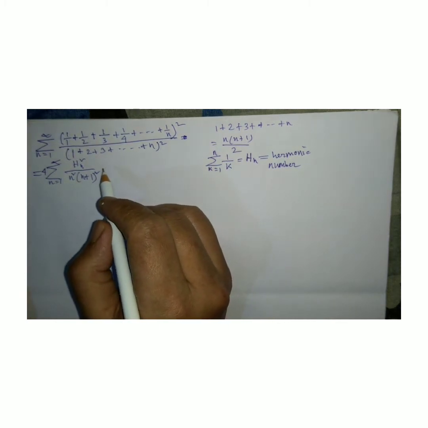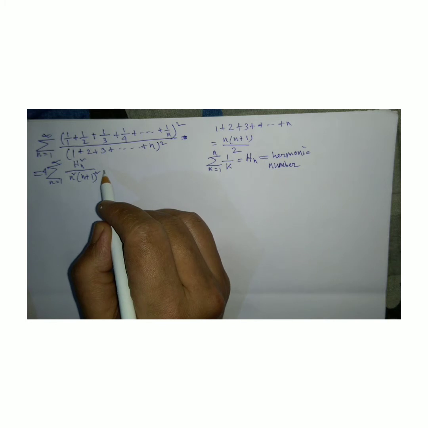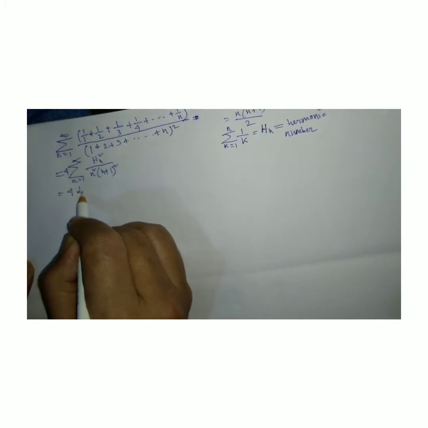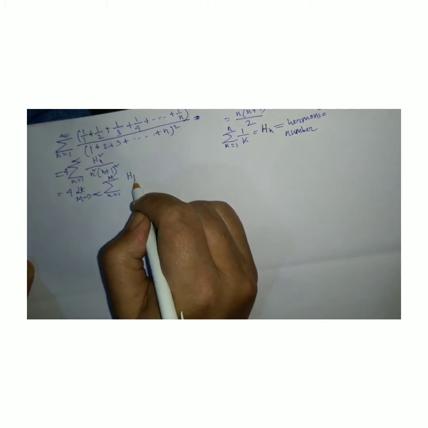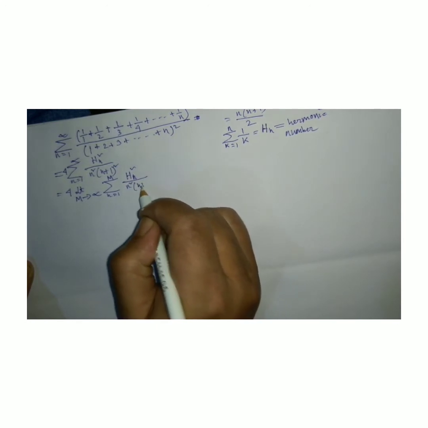I will write this equation in this form. For limit m tends to infinity, summation n equals 1 to m of Hn square over n square into n plus 1 whole square.